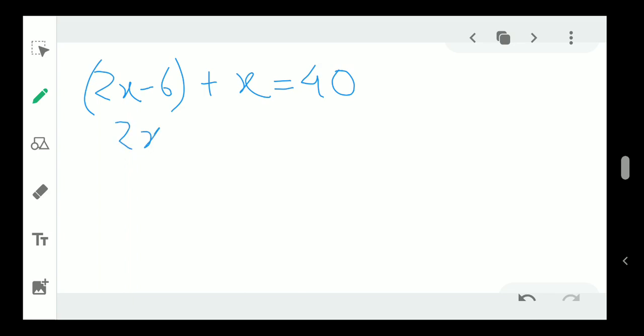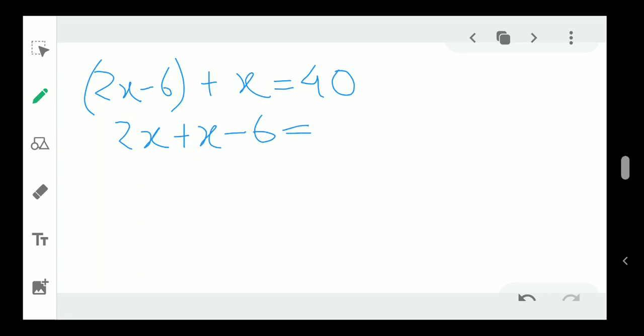So let me solve this equation. 2X minus 6 plus X equal to 40. I know it will not come to a very nice value, but we can do it. Now if you remove the bracket, you can write plus X together and minus 6 inside. You can do this. This is called associative law. You can place them as you want.